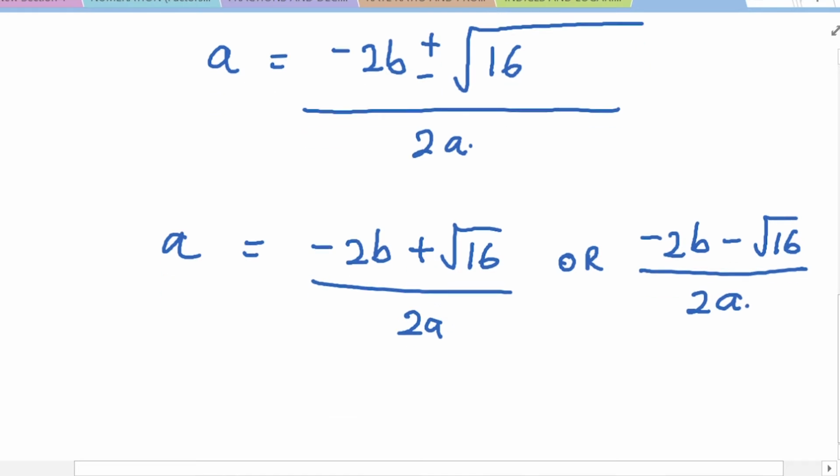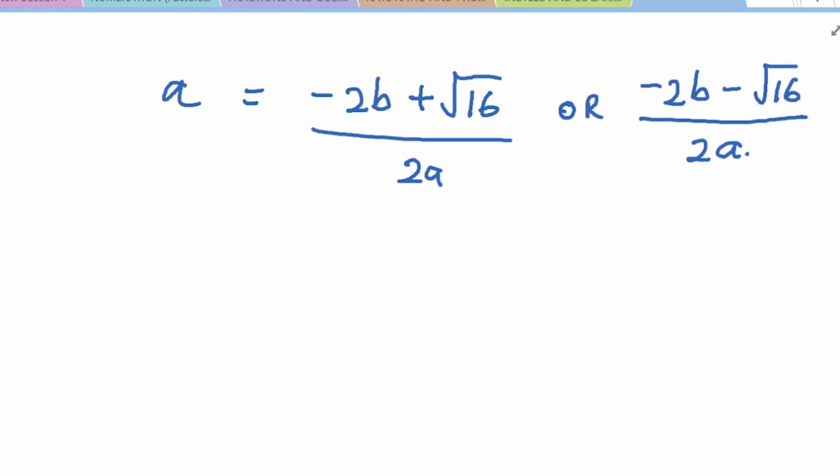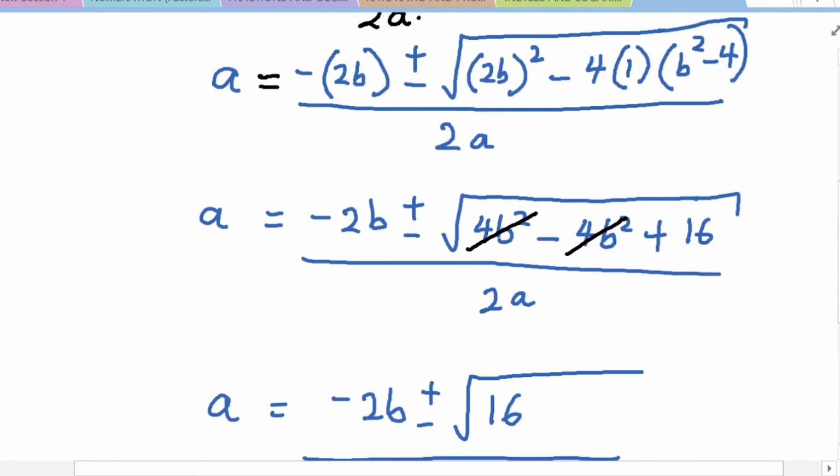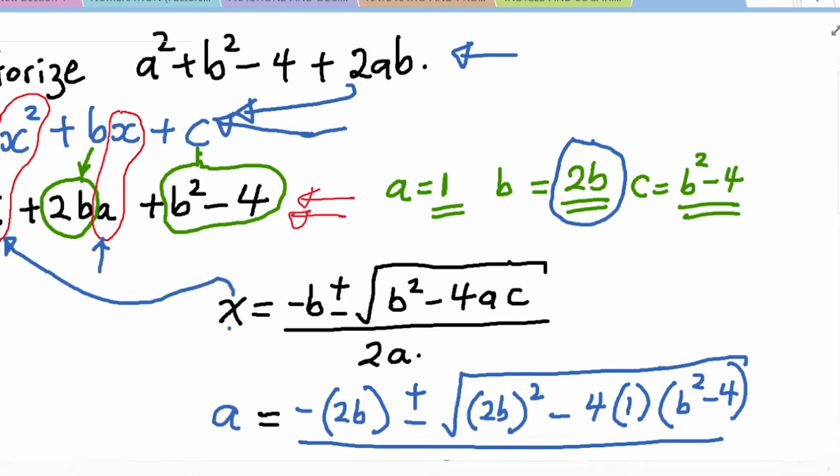That's what the plus and minus in between means. So it becomes negative 2b, the square root of 16 is 4, so plus 4, divided by 2a. By the way, the value of a is 1. I don't know why I'm maintaining the a. According to our expression here, the value of a is 1.